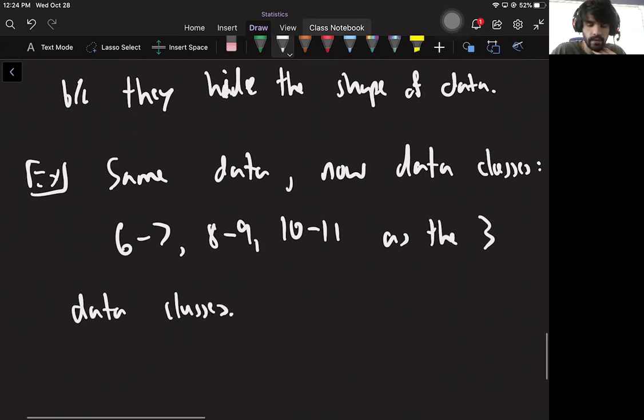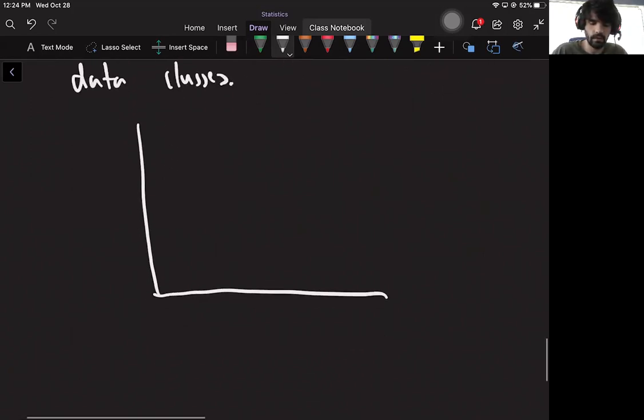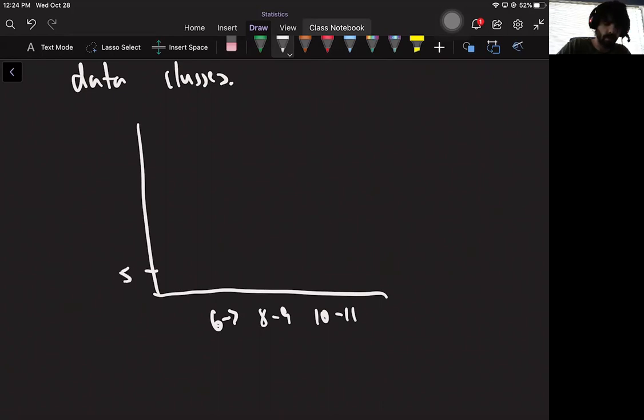So there's only going to be 3 rectangles now, one for each data class: 6 to 7, 8 to 9, and 10 to 11. Now there's a lot more per data class, so I'm going to count by 5s: 5, 10, 15, 20, 25, 30.